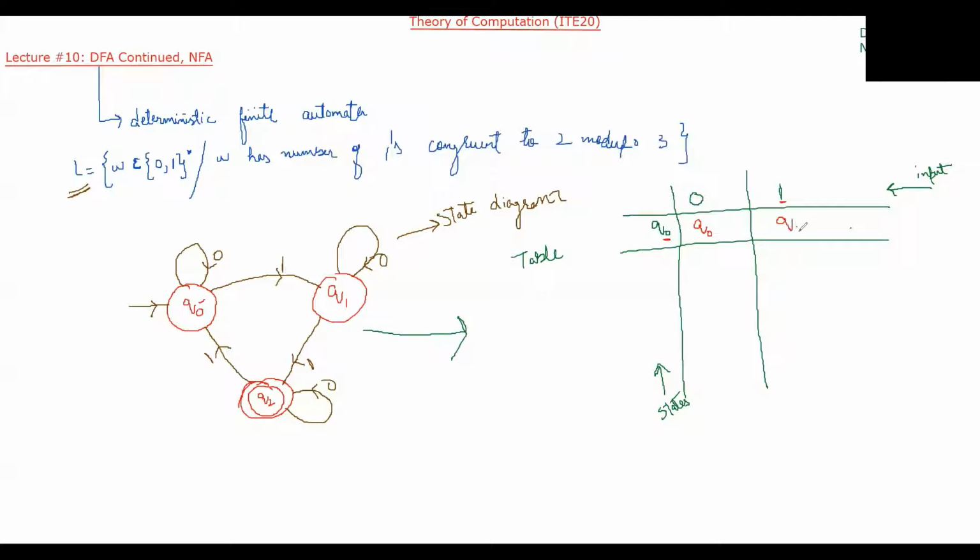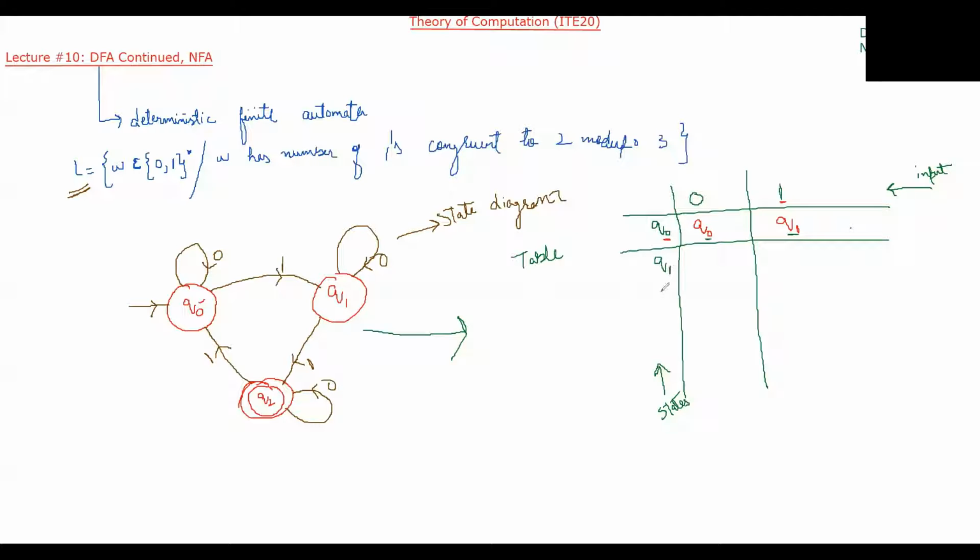So the state will be Q1. Fine. So we have completed the transitions on Q0.